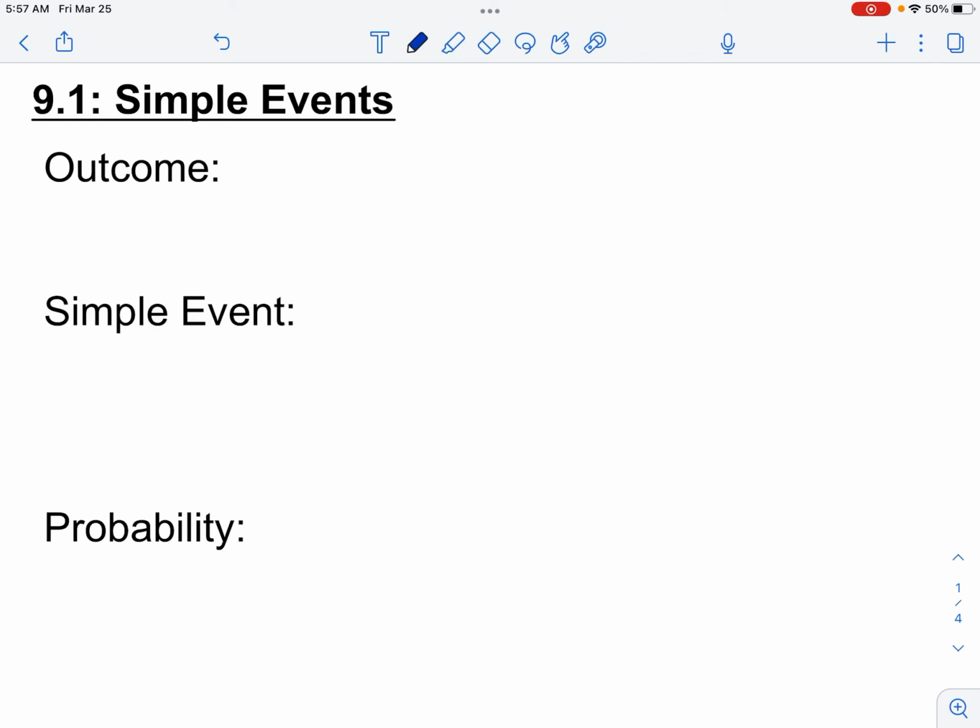So, okay. So today we're talking about simple events. We're making a shift from statistics to probability. So an outcome is any possible thing that could occur. So any possible event that could happen.